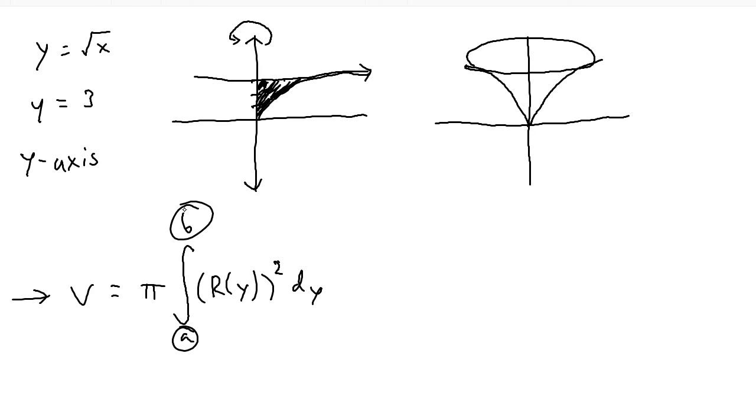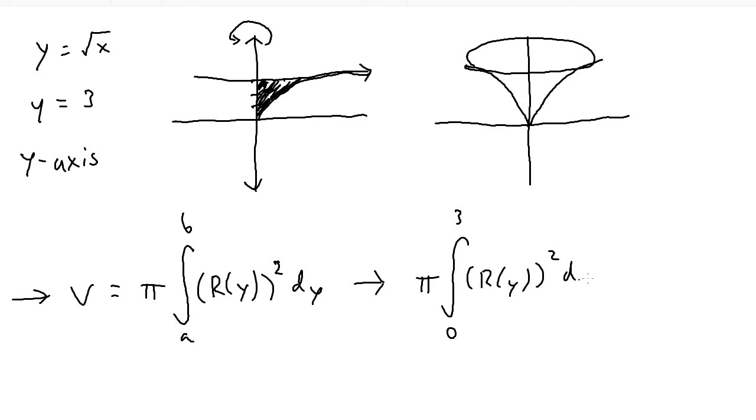The region starts at 0 and goes up to the line y equals 3, so we're going from 0 to 3 as the y values. We get pi times the integral from 0 to 3 of r of y squared.